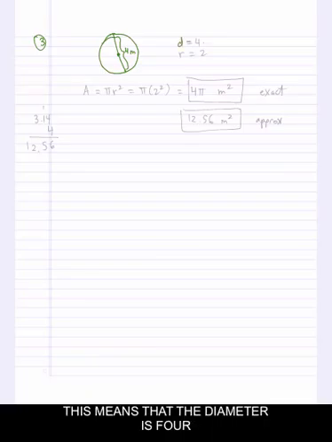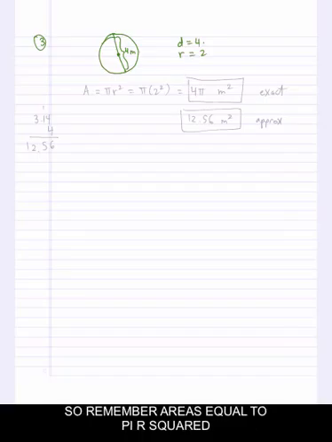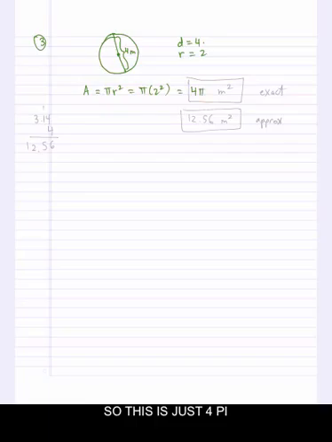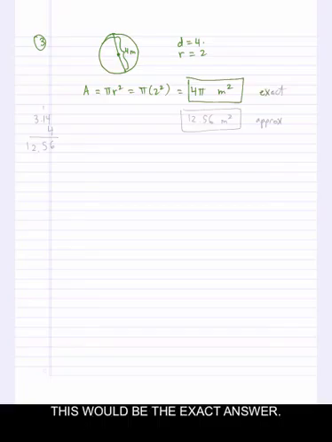This means that the diameter is 4, which means that the radius is 2, since the radius is going to be half of the diameter. So remember, area is equal to pi r squared, which is equal to pi times 2 squared. But 2 squared is 4, so this is just 4 pi. And the units were meters, so 4 pi square meters. This would be the exact answer.